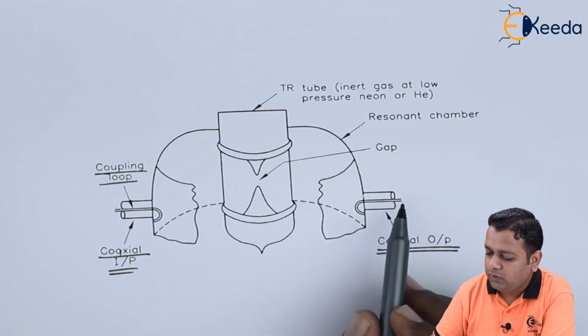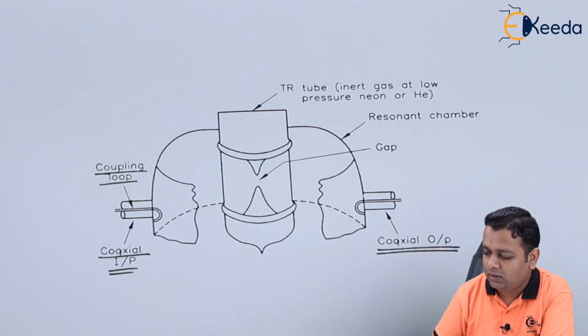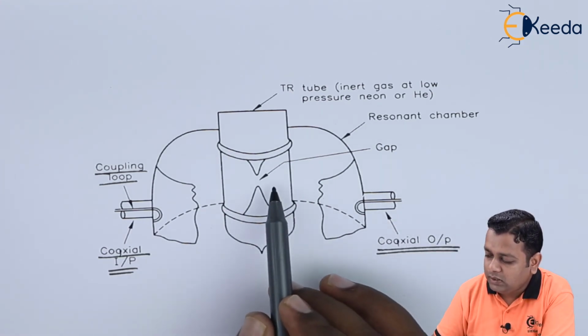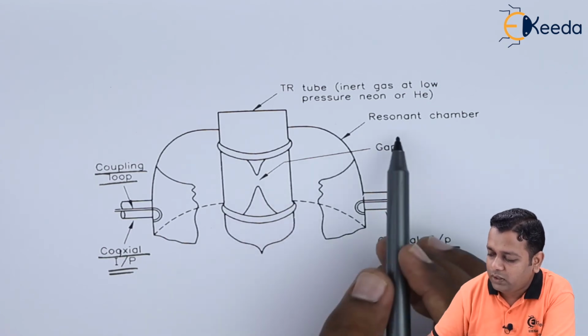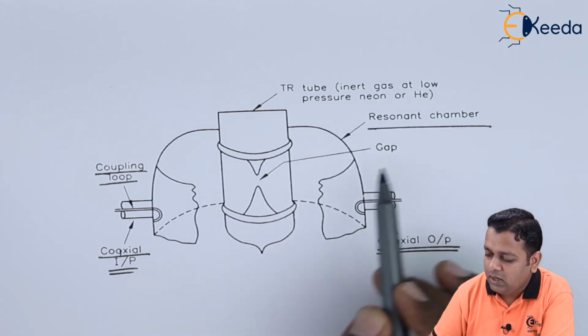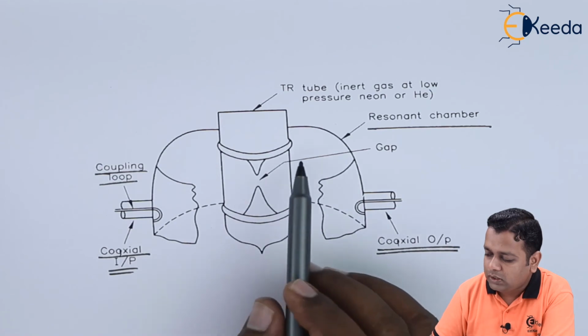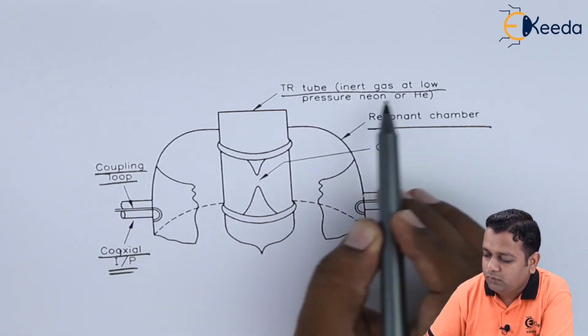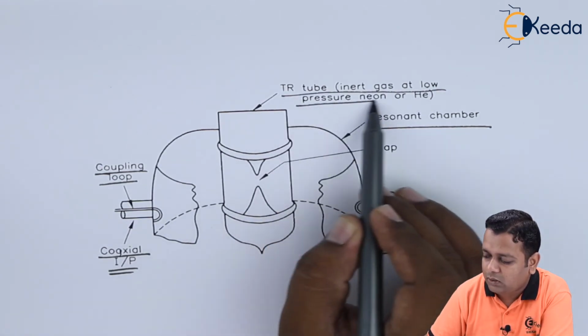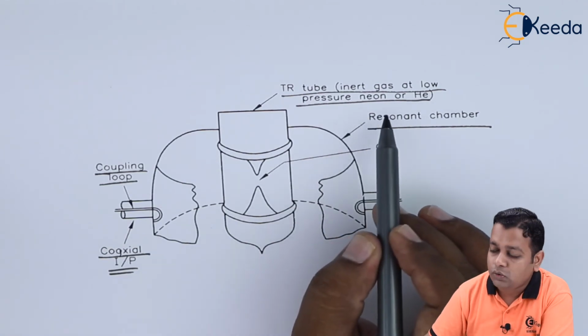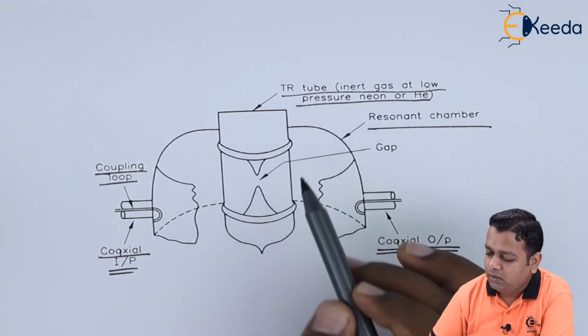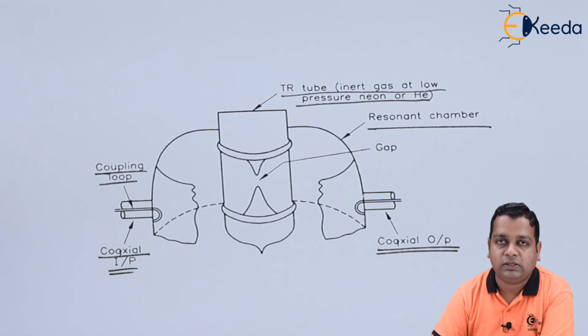The same type of coupling loop is provided here. Inside there is the resonant cavity, the resonant chamber, and here is the gap corresponding to the TR tube, which has an inert gas at low pressure, for example neon or helium, filled in this particular device.